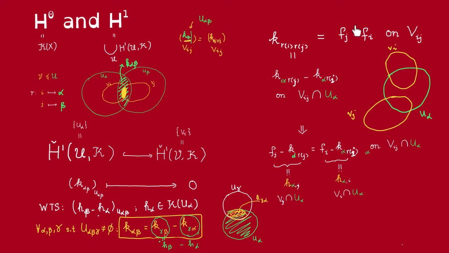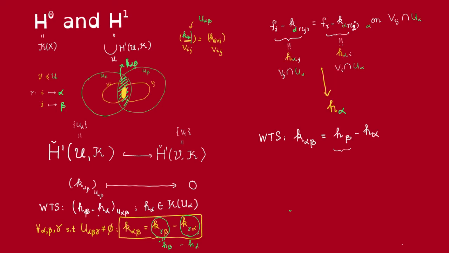And so if we split this on one side and this on the other side, we see that these two sections are compatible. Thus we see here for V_j intersect U_alpha, we have a section here. For V_i, we have a section here, and these sections are compatible on the intersection. I should have made this an intersection, right? And so they all glue together to a section H_alpha.